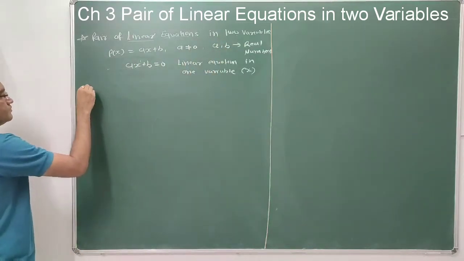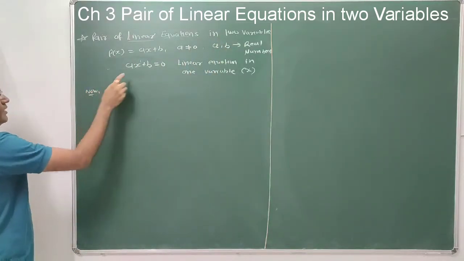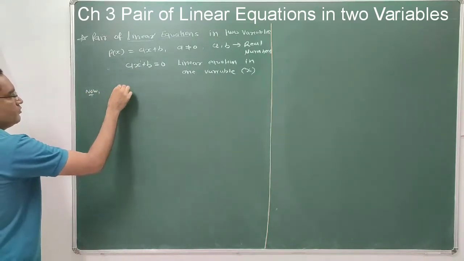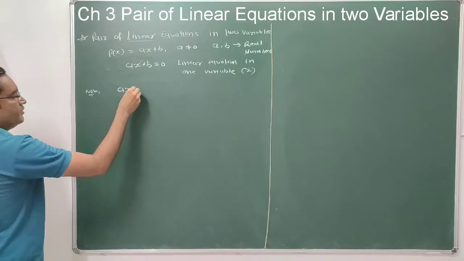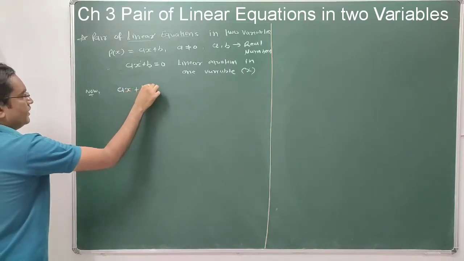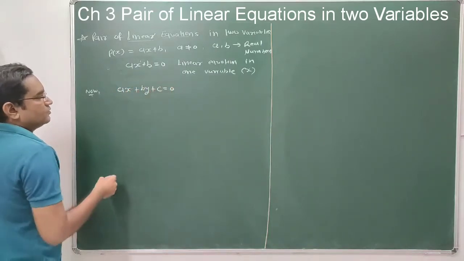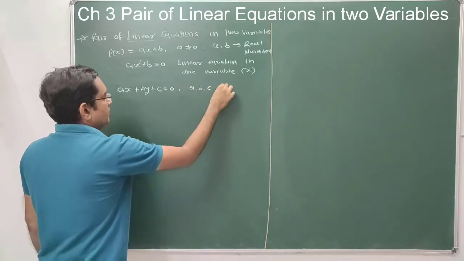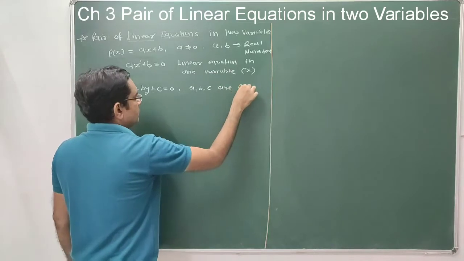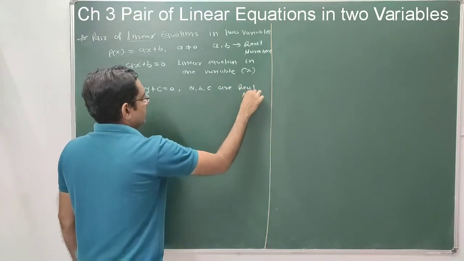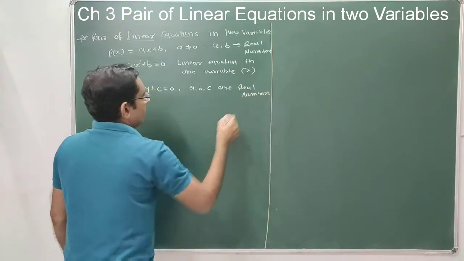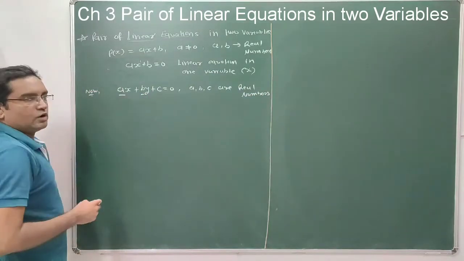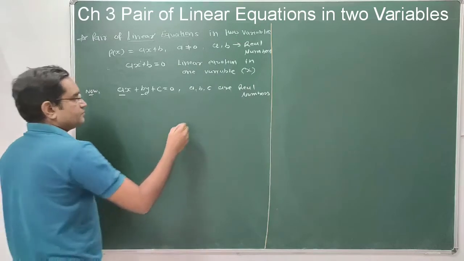Now we can write this equation by using two variables. Suppose another variable is y, it is ax plus by plus c equal to 0, where a, b and c are real numbers. Also the condition was that a and b should not be 0 simultaneously.